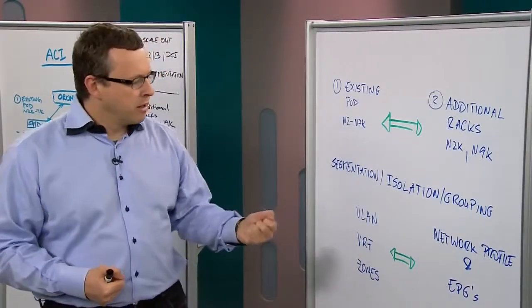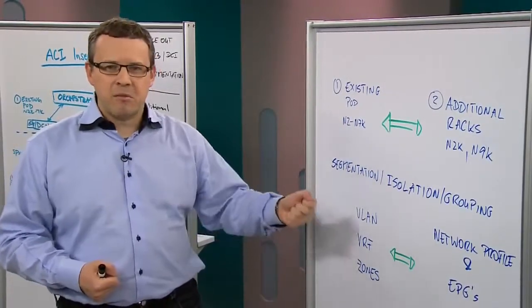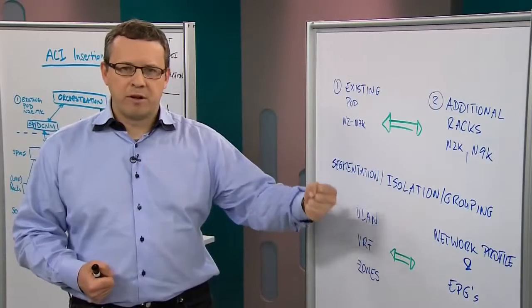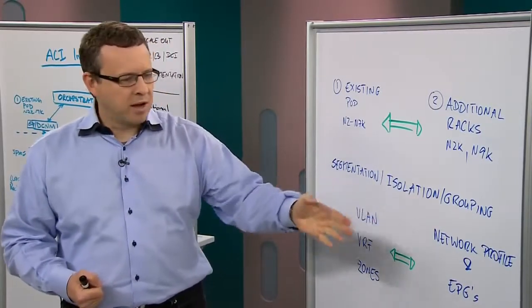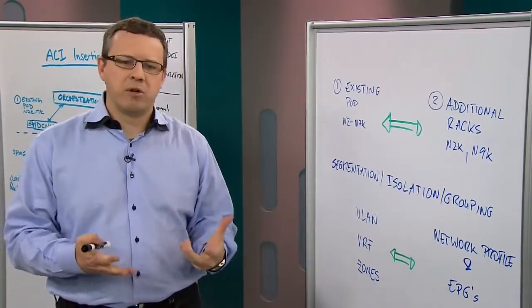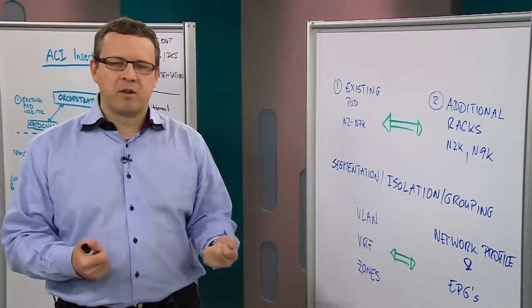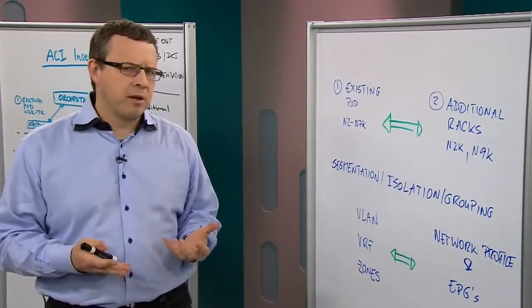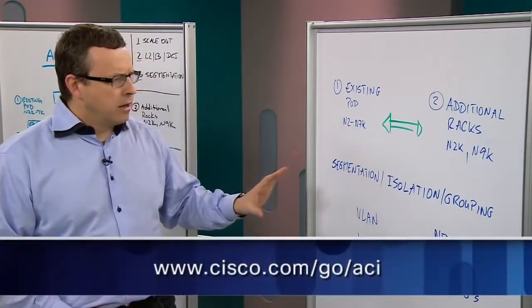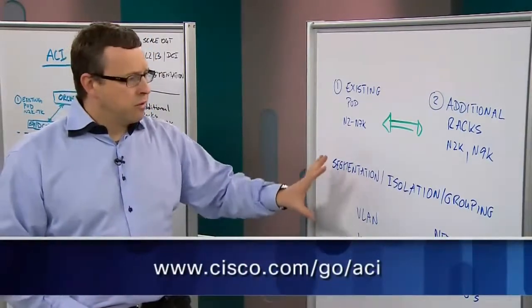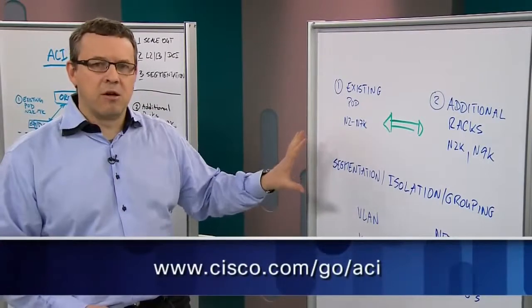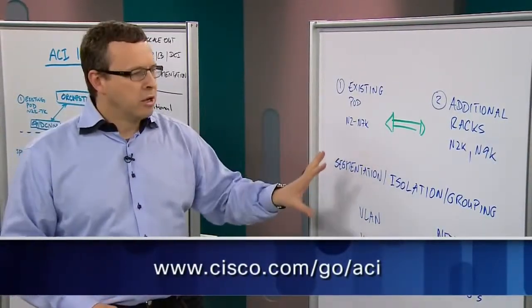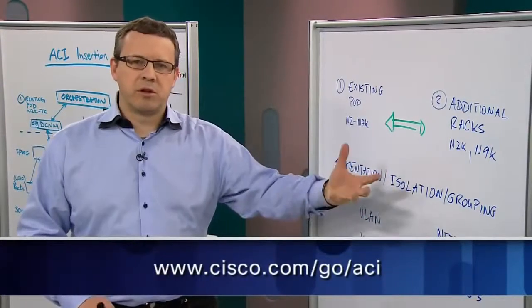So the main point really is whatever segmentation methodology you're applying here, you can map those very straightforwardly in the same very flexible way on the other side, which is the concept of EPG endpoint groups, and then profiles that define connectivity between those. So I hope that gives you a little bit better sense of how easy it is actually to move from how you structure and organize your network in the current world into the approach with the API controller.